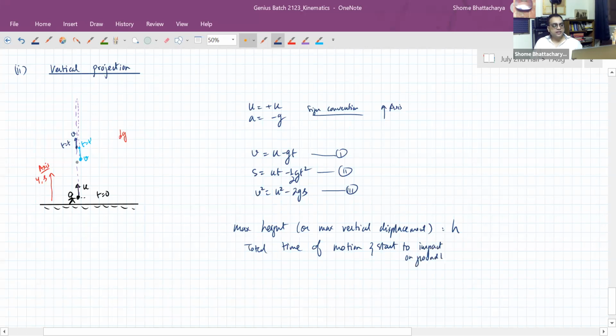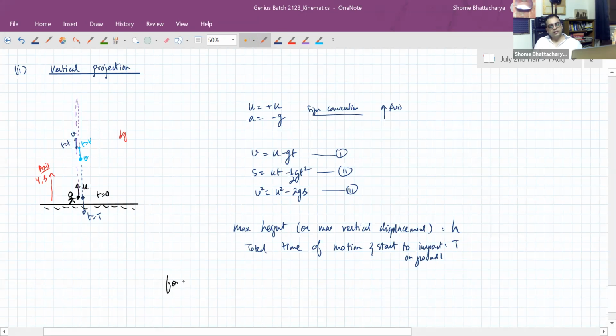Assuming it comes back here, and actually in this case he's thrown it from somewhere above the ground, so we'll have to consider when it comes back to the same level. Okay, so that time is capital T.